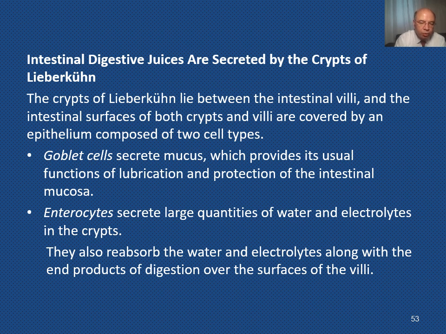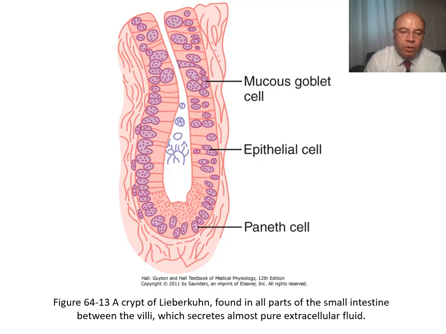They also reabsorb the water and electrolytes along with the end products of digestion over the surfaces of the villi. You can see here a crypt of Lieberkühn, found in all parts of the small intestine between the villi, which secretes almost pure extracellular fluid.